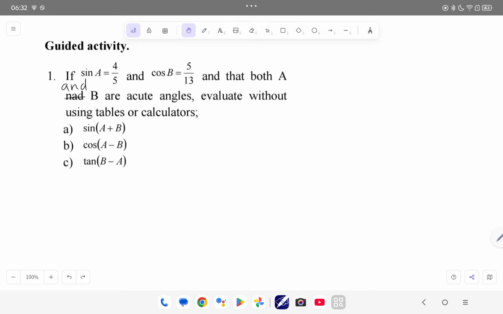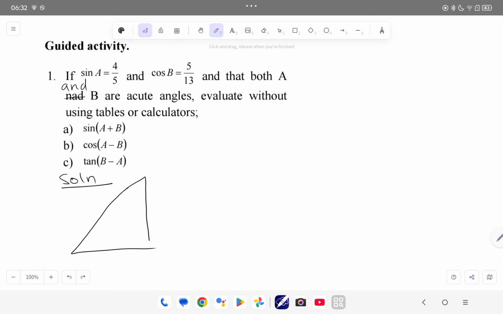Now, the simplest way of doing this is actually using Pythagoras theorem. We shall draw the acute angle required, and we shall have the angle A. Sin A is opposite out of hypotenuse, and we can therefore find the value of the adjacent side.